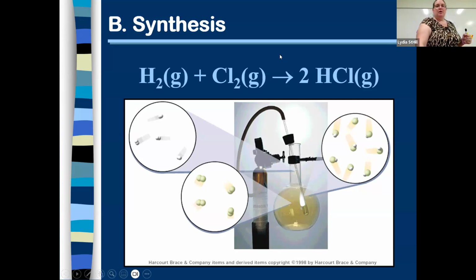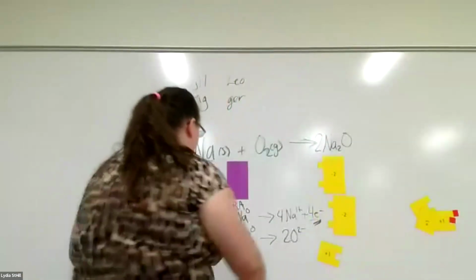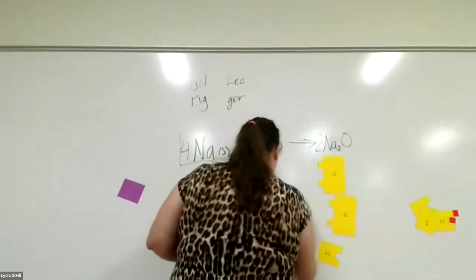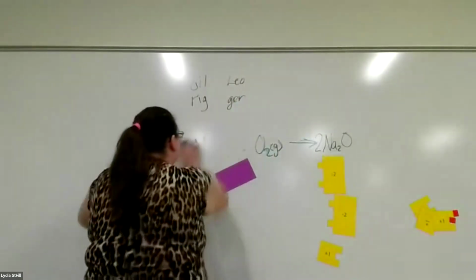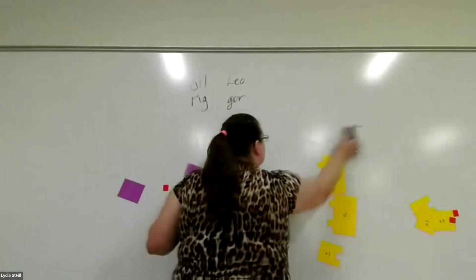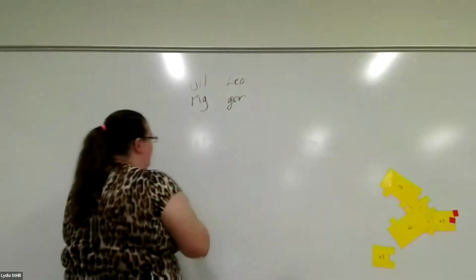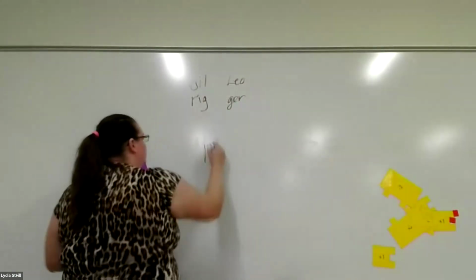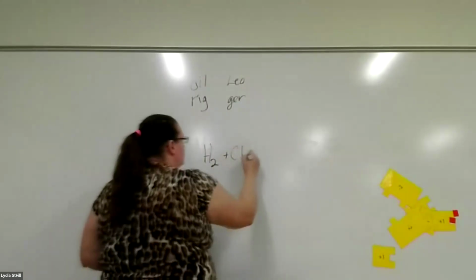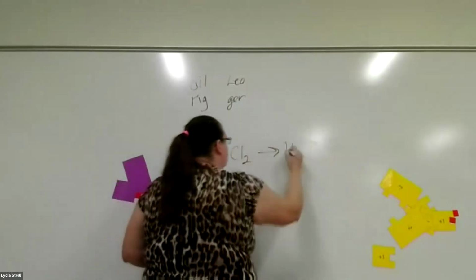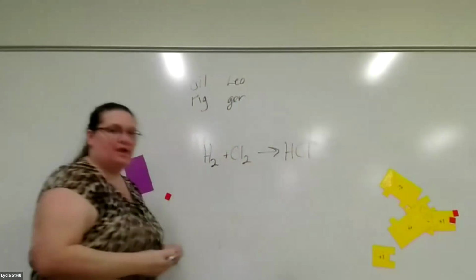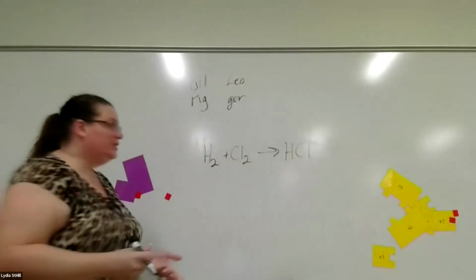So we're going to have H2 plus Cl2 is going to give us HCl. All right. So here's our equation.